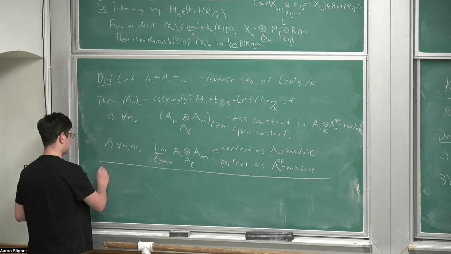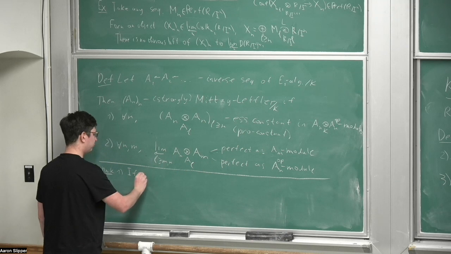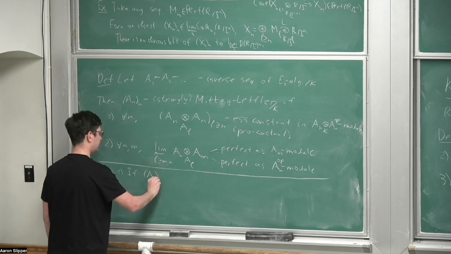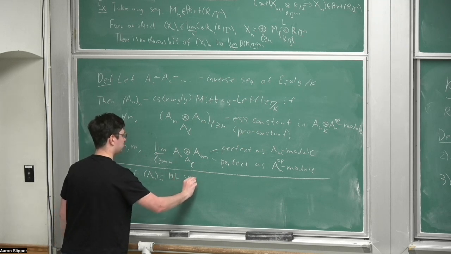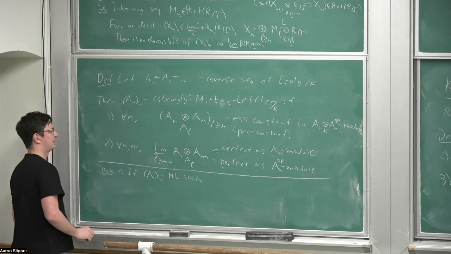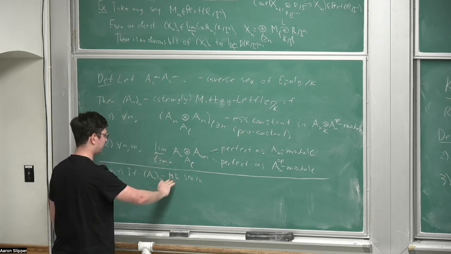Maybe just two remarks. First, it is self-dual, meaning that if A_n is a Mittag-Leffler sequence over K, then so is A_n opposite. I'm dropping the word strongly, just pretend that this is Mittag-Leffler.